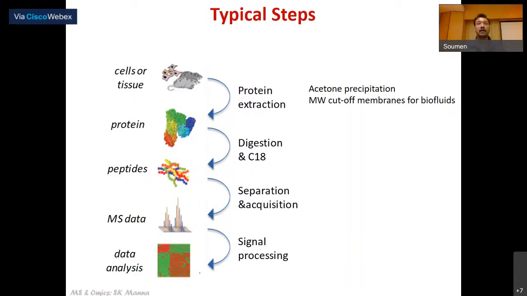MALDI is relatively limited in use nowadays, mostly for analyzing known proteins or relatively simpler protein mixtures, and post-translational modification identifications and so on. For really large-scale analysis, electrospray ionization is more useful, and there is also a difference between the ionization mechanisms of MALDI and ESI.